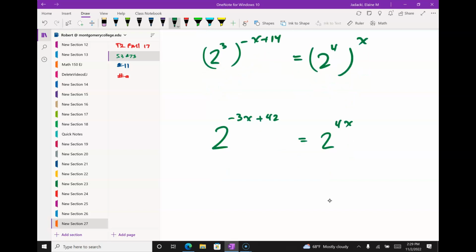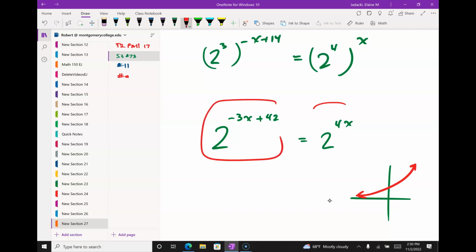So what do I know about 2 to the x? What kind of function is it? One-to-one. So this particular function is one-to-one. Are these y values or x values? Y values. Right, I'm plugging numbers into 2 to the x.